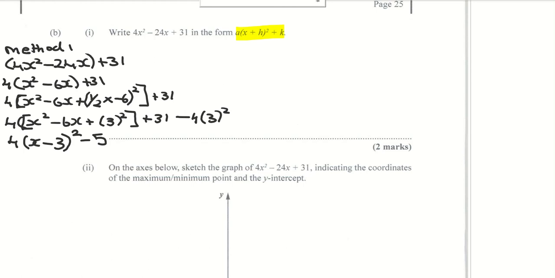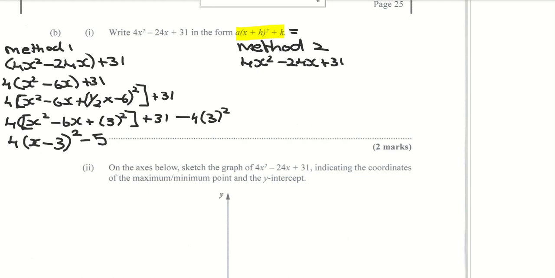This is method 1. Method 2 is you are equating your coefficients. So you're going to equate 4x squared minus 24x plus 31 with this part here that I highlighted.